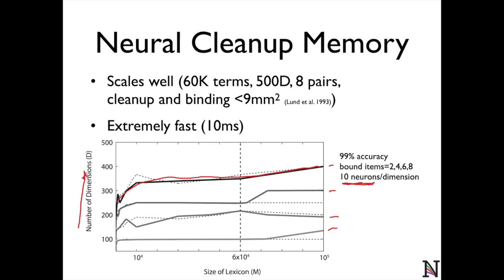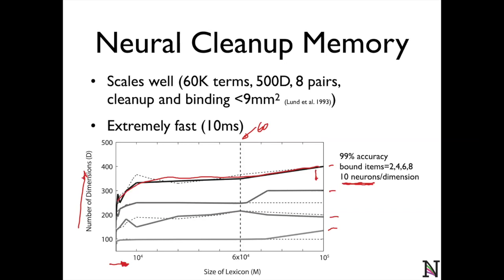So as long as we can encode and be right 99% of the time, then that'll fall below this line. And then the other most important thing is perhaps on this axis, this is the number of possible terms that can be selected to be bound and summed together. So I put a dotted line here at 60,000 terms. The reason I did that is because this is the size of the vocabulary of the average college-educated adult, 60,000 terms.